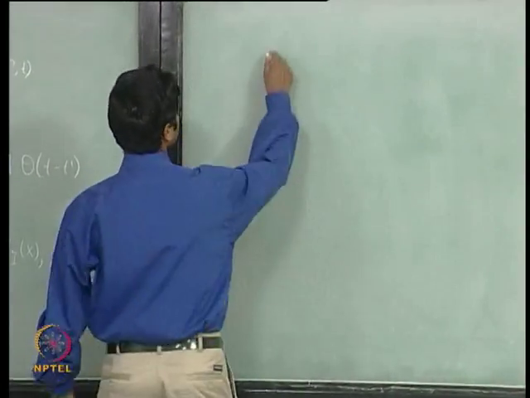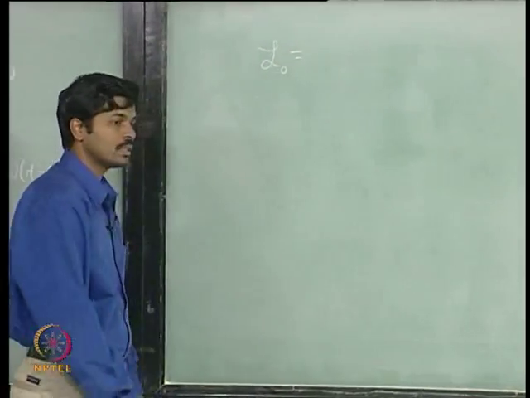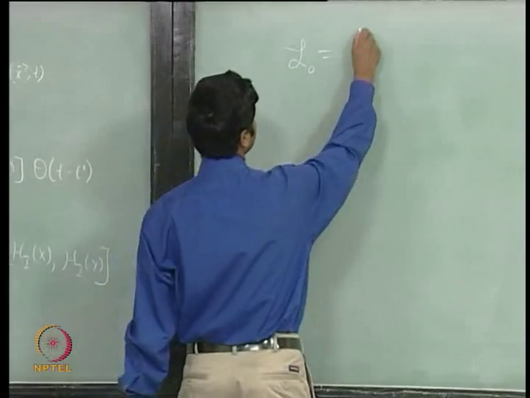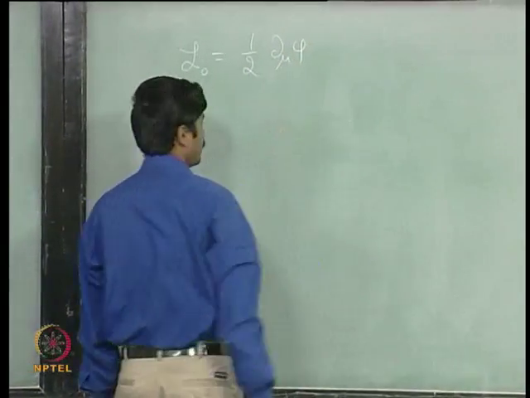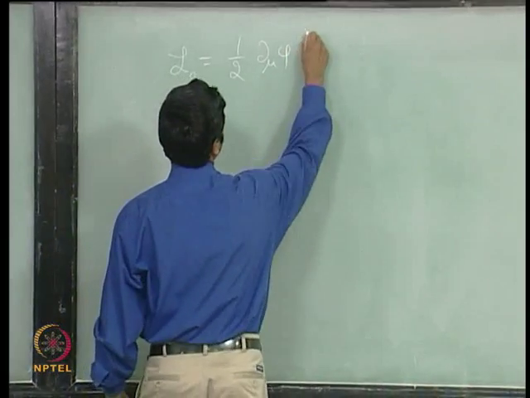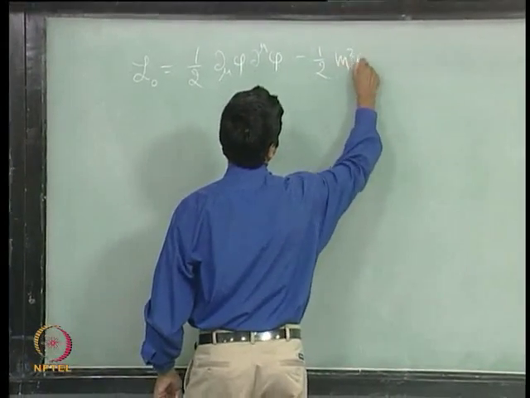So, the action, or the free Lagrangian density, is given by half del_mu phi del^mu phi minus half m square phi square.